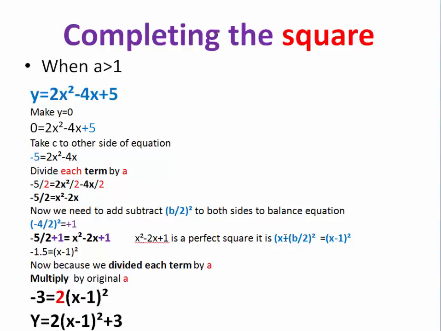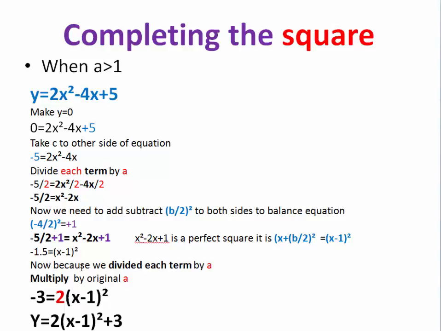We can write this perfect square as x plus b over 2, squared, and this is x minus 1 squared. So here we have 1 plus minus 5 over 2, which is minus 1.5, and our square is x minus 1 squared.